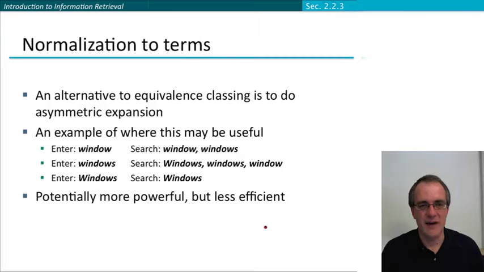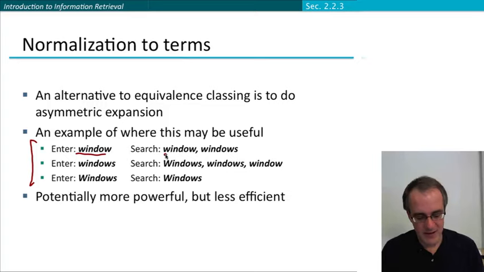And here's one more example of this. So if you consider a user entering queries, if they enter window, well, it'd be useful to match documents that have window and Windows in them, but they're probably not talking about Microsoft Windows operating system.